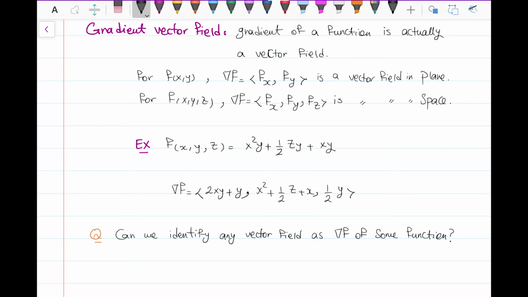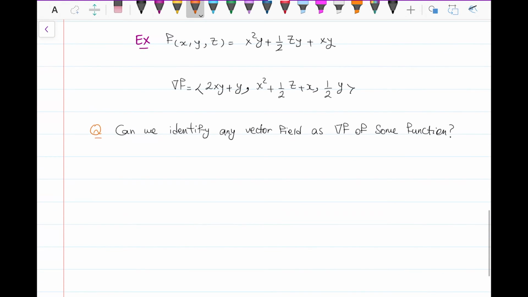Which means that if I give you any vector field, can you find a function whose gradient is that vector field? Well, the answer is no.